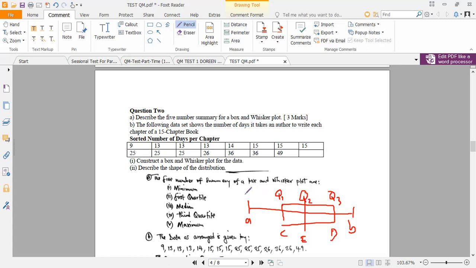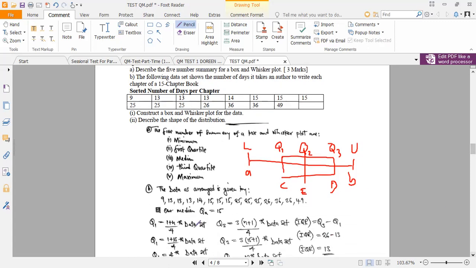And this is our lower limit, or minimum L, and the upper limit U. Going by this, we can first rearrange the data in ascending order. We have 9, we have 13, 13. It's already in ascending order, so it has been listed for you as follows.